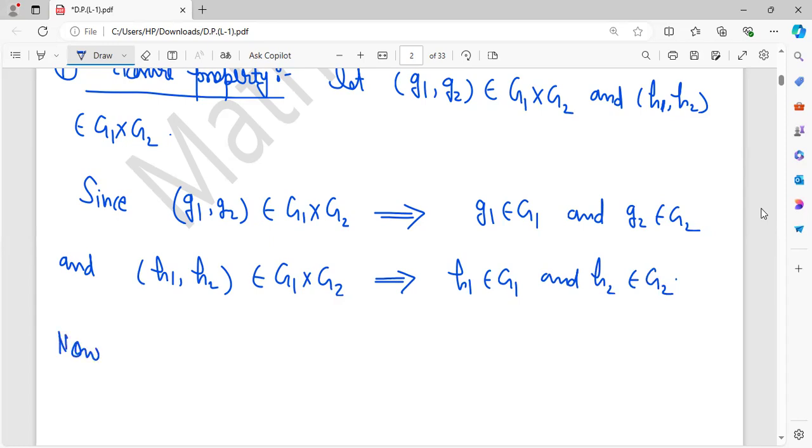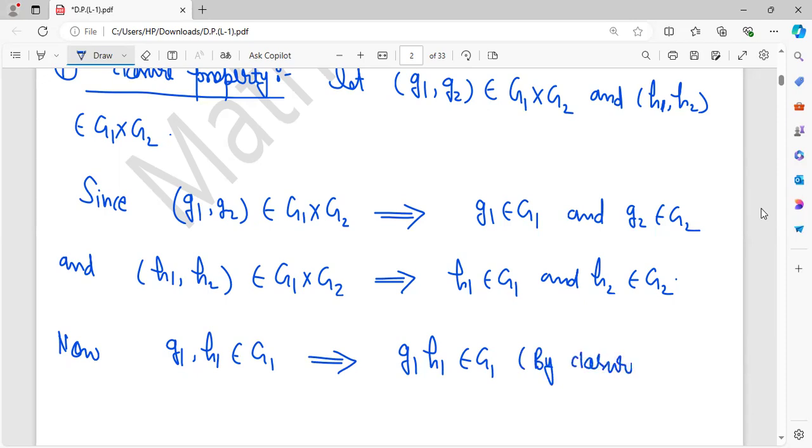Now g1 and h1 both belong to G1. This implies g1 h1 belongs to G1 by closure property in G1. Okay.